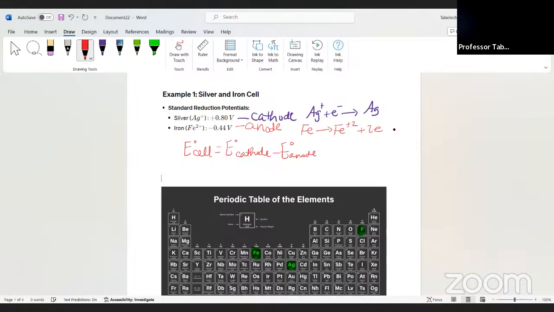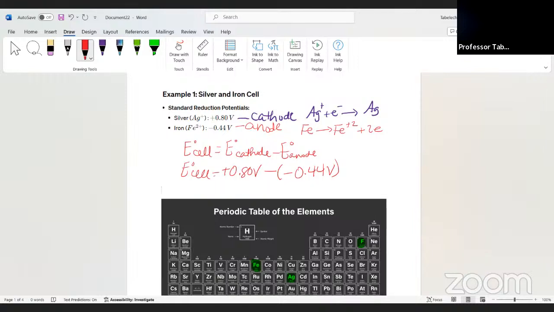So in this particular case right here, we're going to put the cathode value, which is positive 0.80 volts, minus, and then in parentheses, iron's voltage is negative 0.44. Okay? Now, when you have two negatives, it essentially becomes a positive.